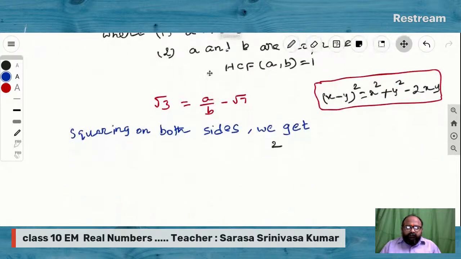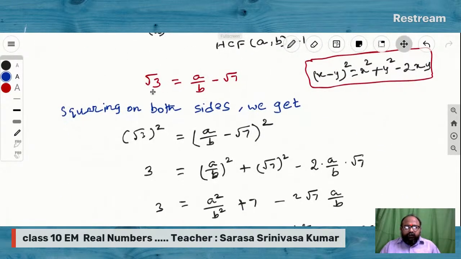Now by rearranging this, we can write square root of 3 equal to a by b minus square root of 7. Now we square on both sides. Squaring on both sides, we get square root of 3 whole square equal to a by b minus the square root of 7 whole square.